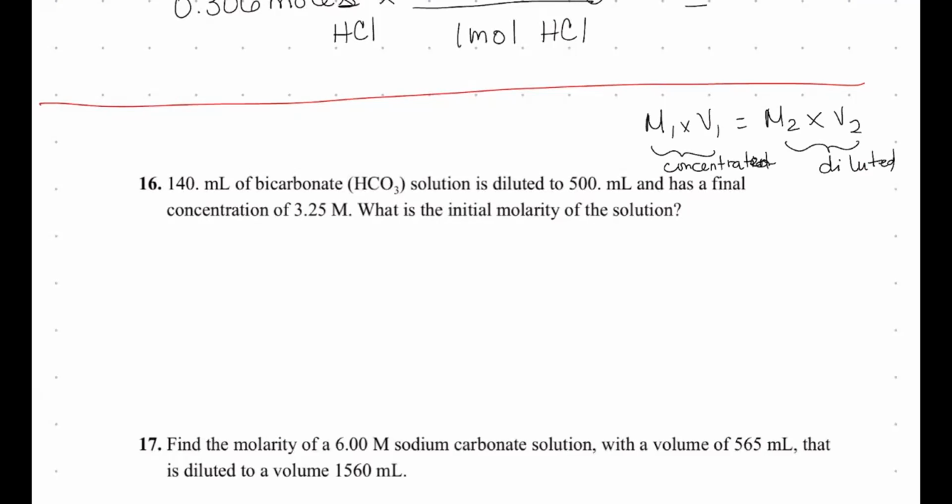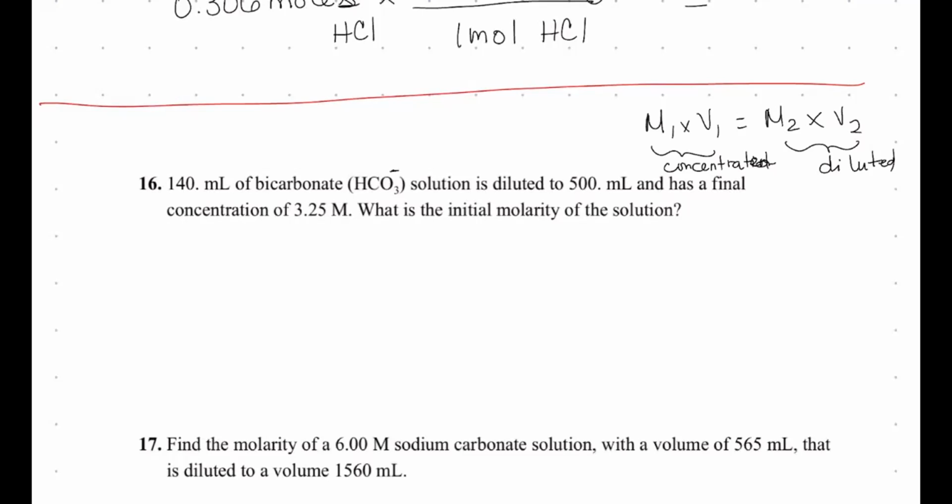Okay? So when it comes to this, you can see that the first one says 140 milliliters of bicarbonate solution is diluted to 500. And that final concentration is 3.25. And then it's asking what is the initial molarity.